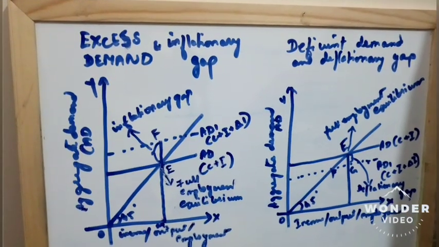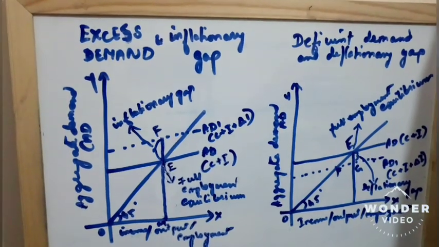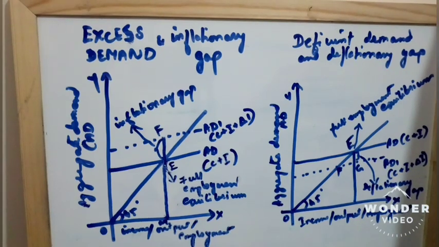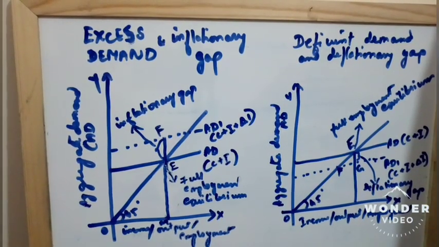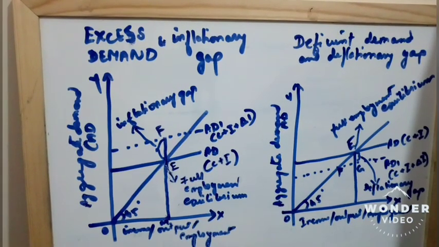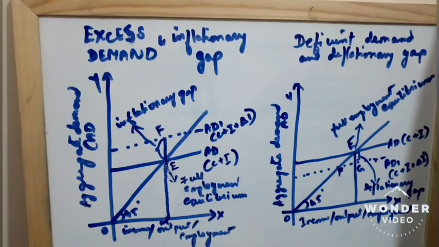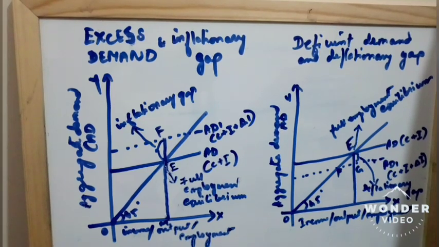In this first diagram, the x-axis represents income, output, employment. The y-axis represents aggregate demand. Due to an increase in investment, there is an increase in demand.